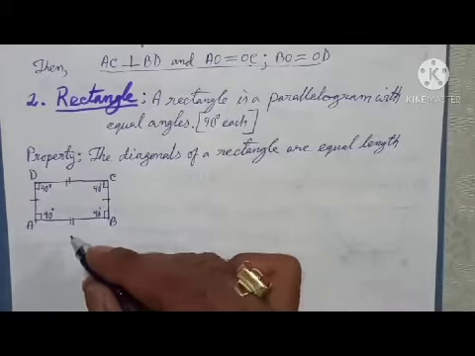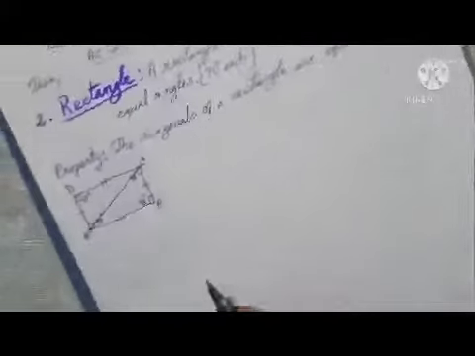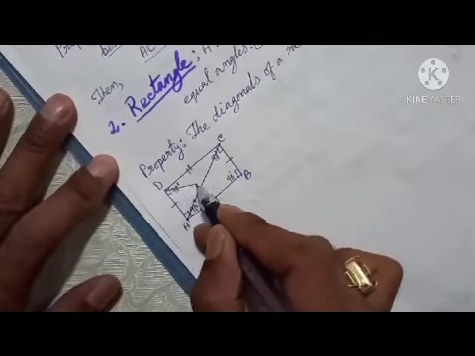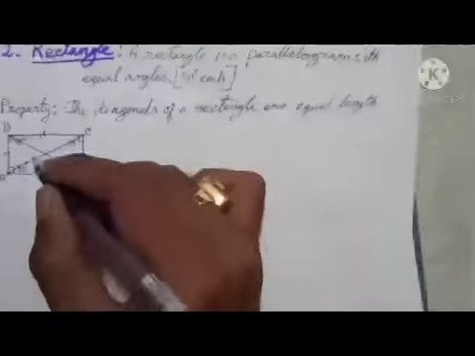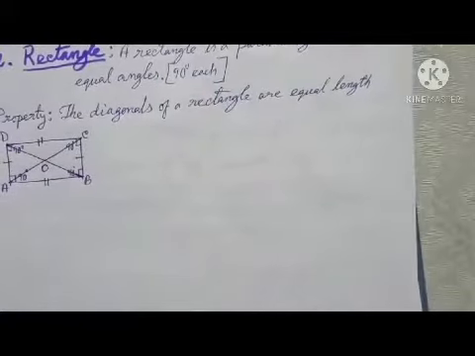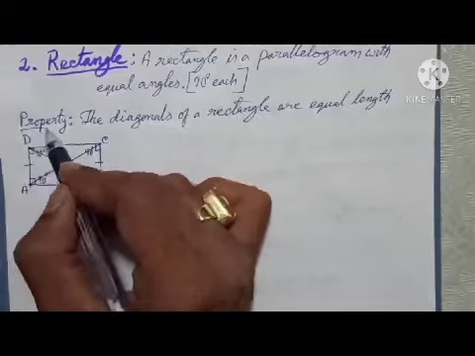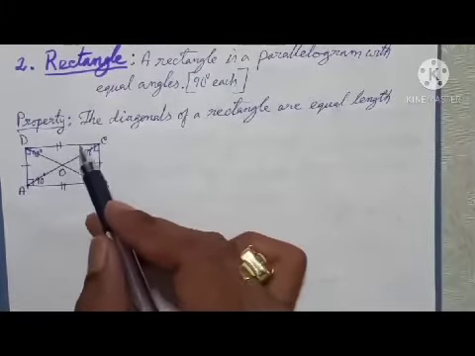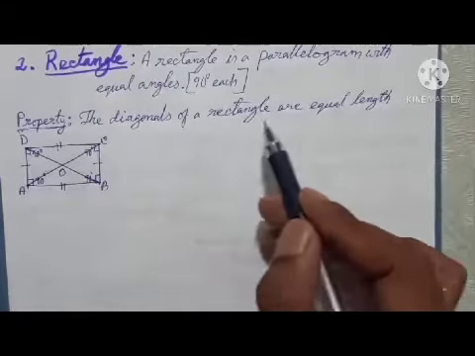Now let's draw the diagonals. This is diagonal AC, and the second diagonal DB. The meeting point of the diagonals, let's name this as O. Now let's see the property. The diagonals of a rectangle are equal in length.